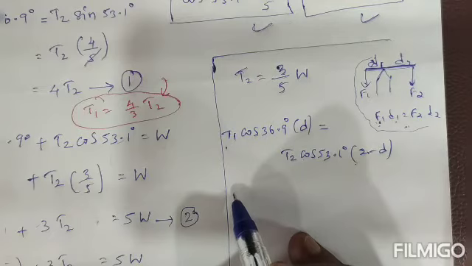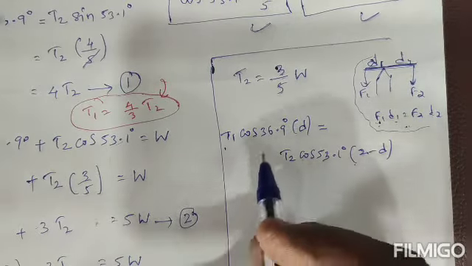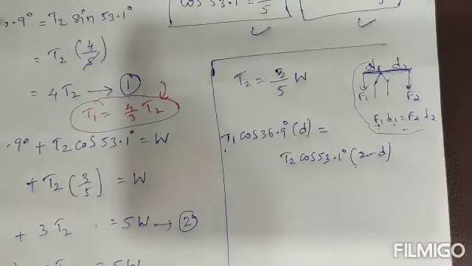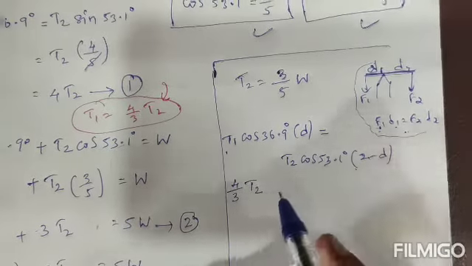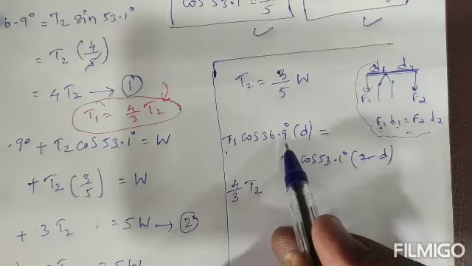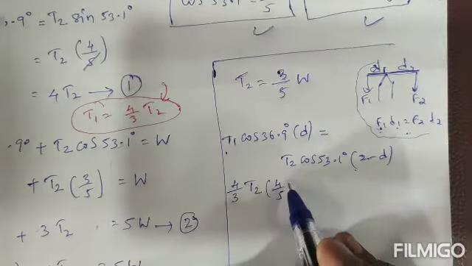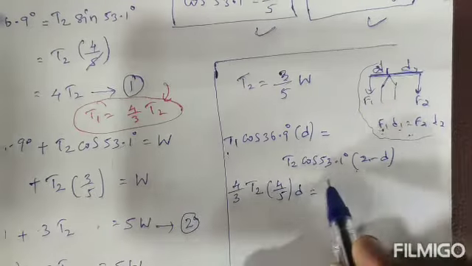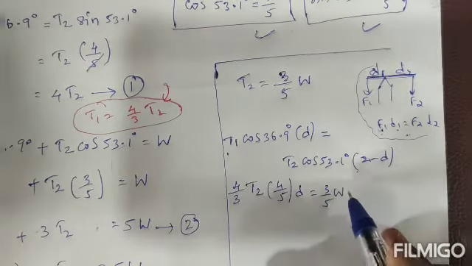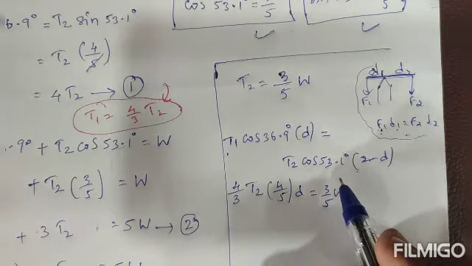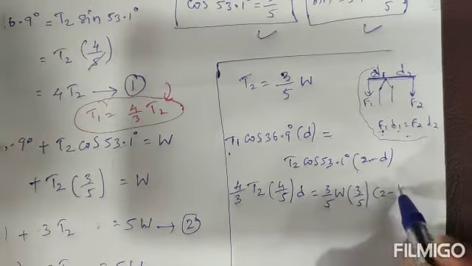So the T1 value is 4 by 3 T2, then sin 36.9, that is 4 by 5, and then d, as usual, is equal to T2, that is 3 by 5 w, then cos 53.1, that is 3 by 5. Then as usual 2 minus d is there.